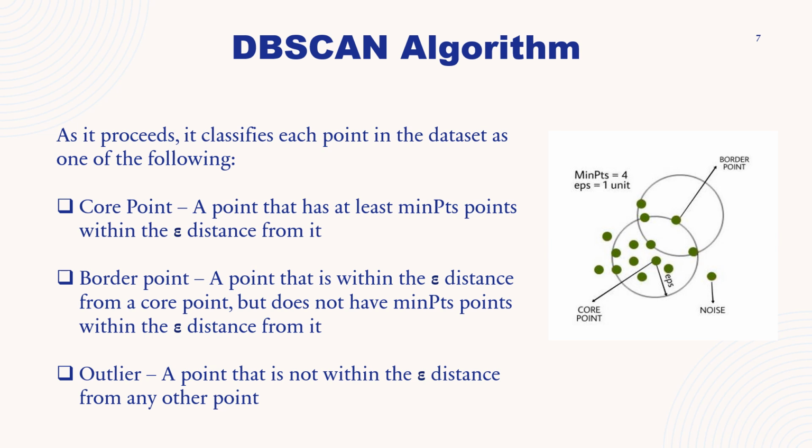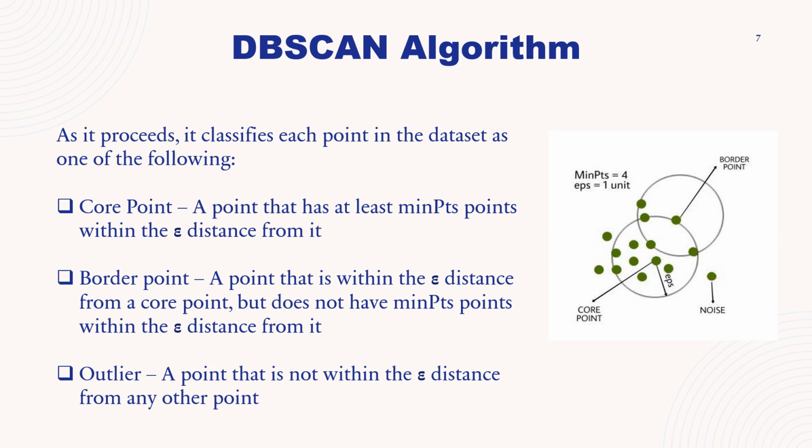Now for a border point, if I have a point and I draw my radius around it and it captures points that are not up to 4 points, then it becomes a border point. I hope that gives a little clarification.